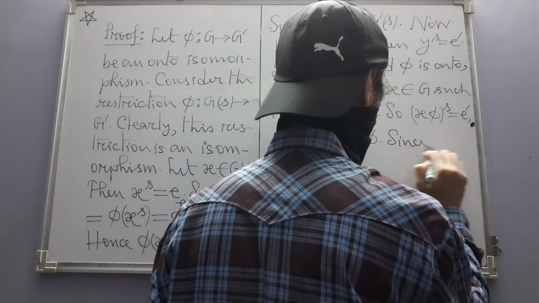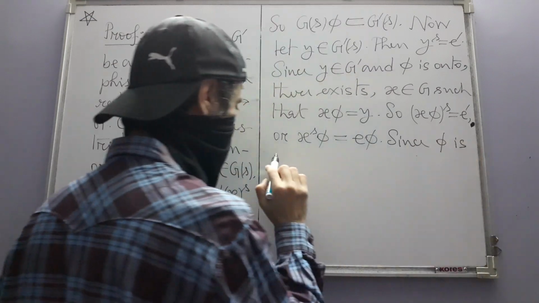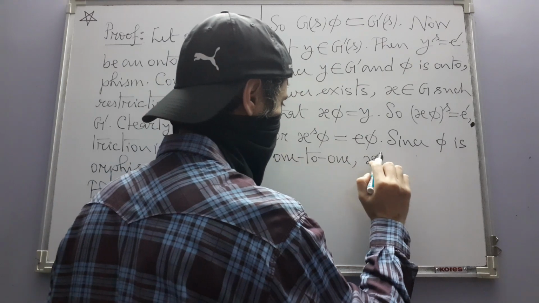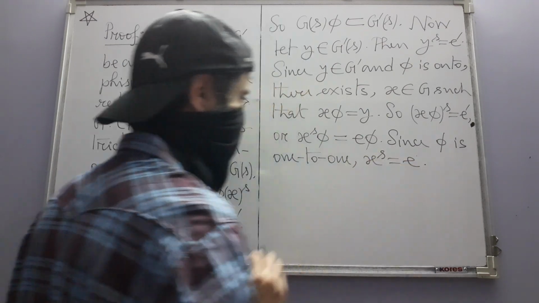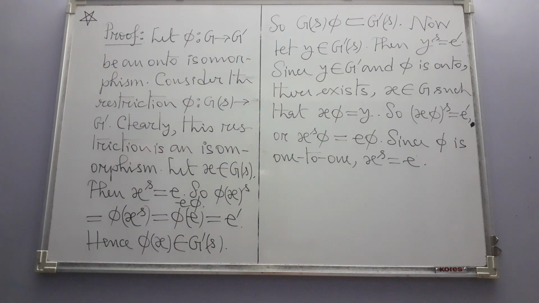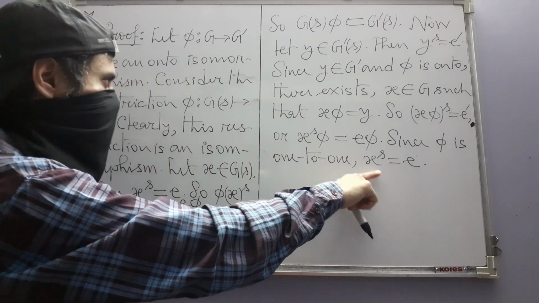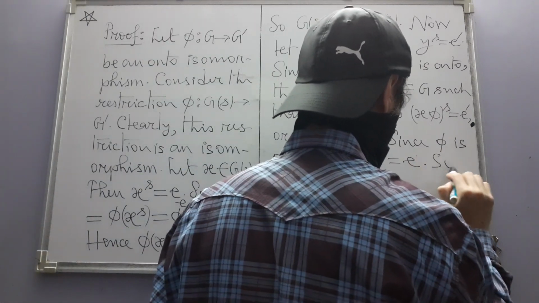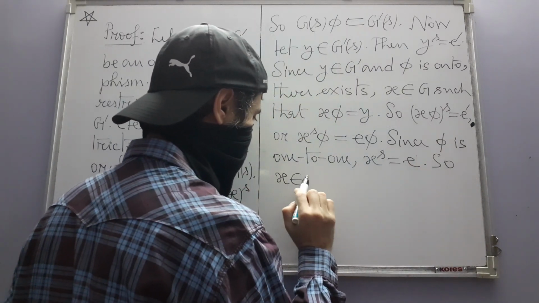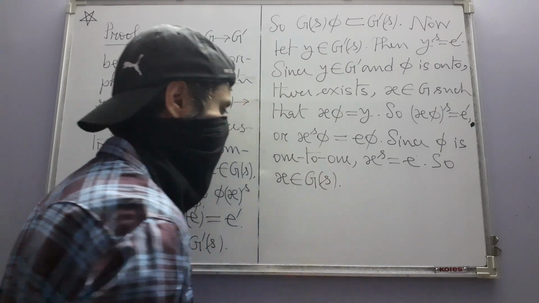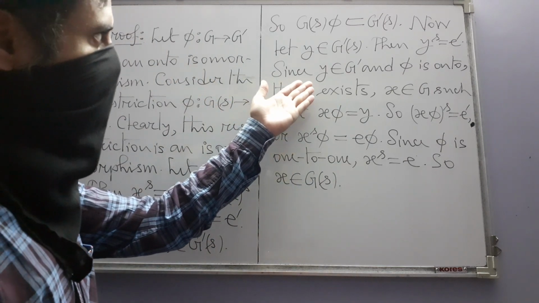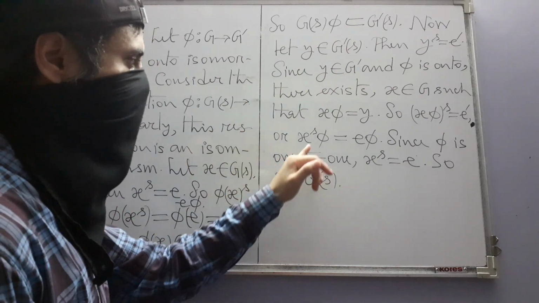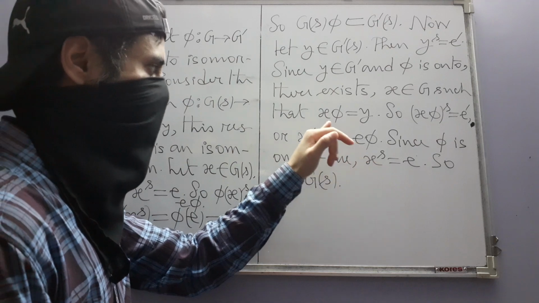Since phi is 1 to 1, x to the power s has to be equal to e. And now only because of this we can conclude that x belongs to G of S. So any element in G prime of S, y, appears as the phi image of some x.